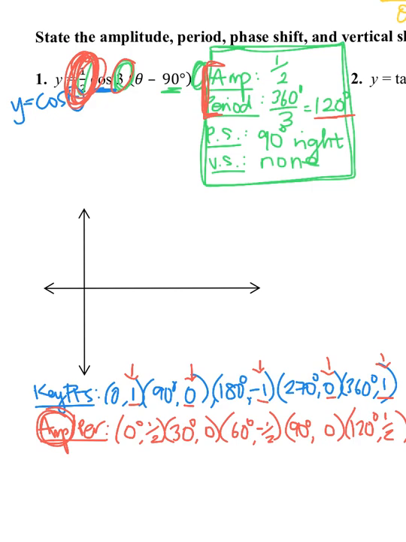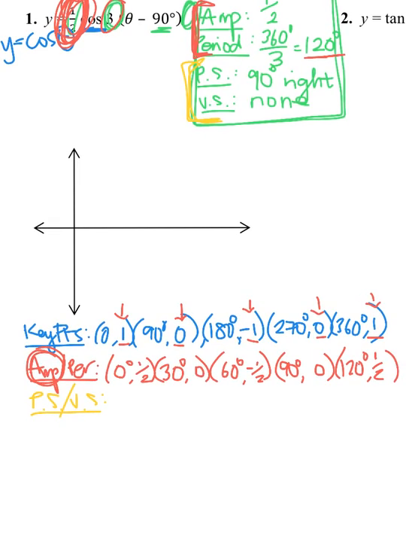But it's not. Okay. Next, I'm going to incorporate the phase shift and the vertical shift. Phase shift and vertical shift will give me my final set of points. So the phase shift, I'm literally just going to add that 90 degrees to all my x coordinates.